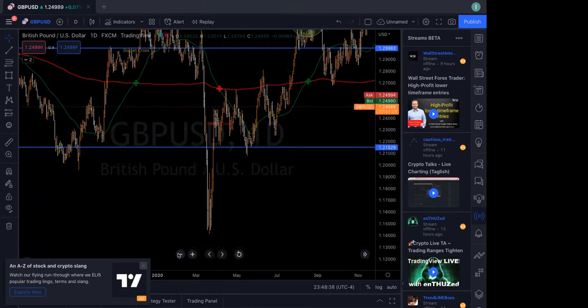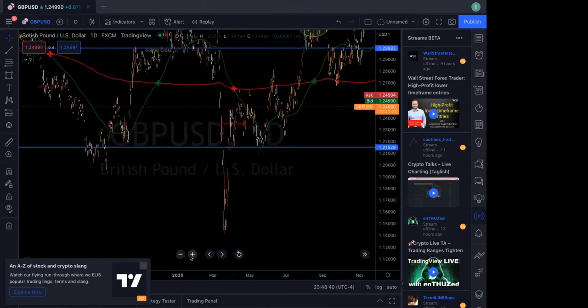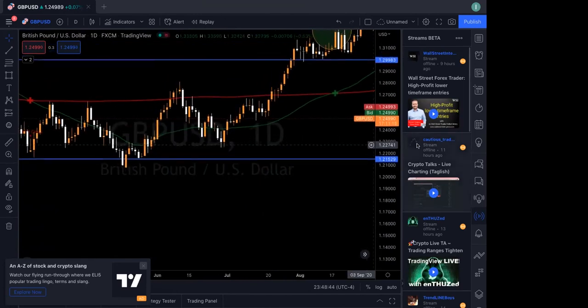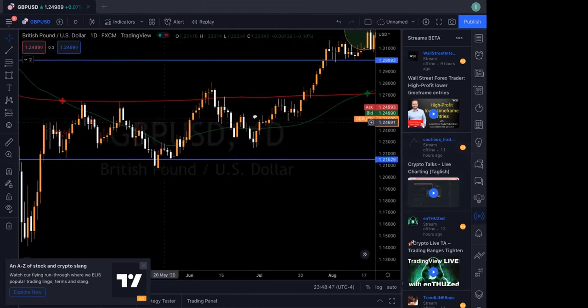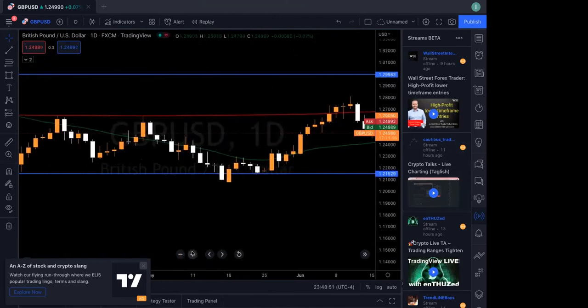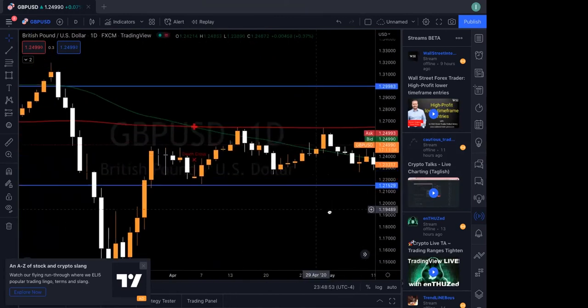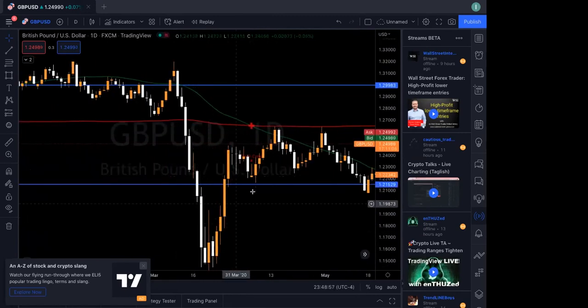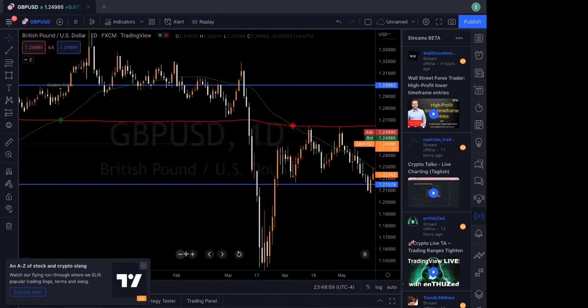Right. That's why I was saying, honestly, I've made money with it just using it by itself, but it's more so meant to be put with other indicators or other strategies to really find what's going on.